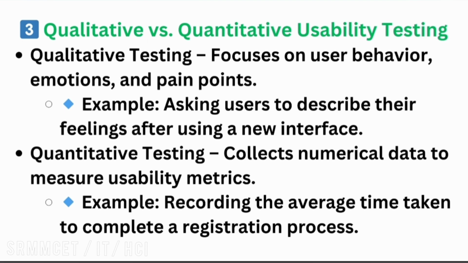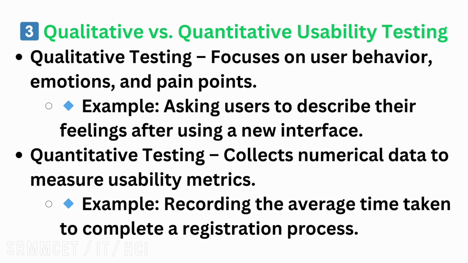Quantitative testing collects numerical data to measure usability metrics. Example, recording the average time taken to complete a registration process. This is the only difference between qualitative testing and quantitative testing, whereas the user emotion and pain point are the main thing here they are considering. So in qualitative they are mainly focusing on these topics.